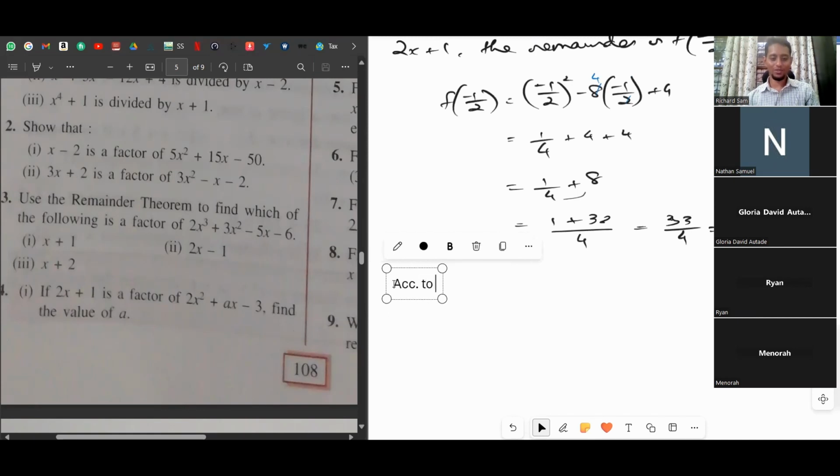Okay, according to remainder theorem, if... how do we frame the statement? You have written it down, but yeah, wait. Tell me how will you think of it? If f of... okay.